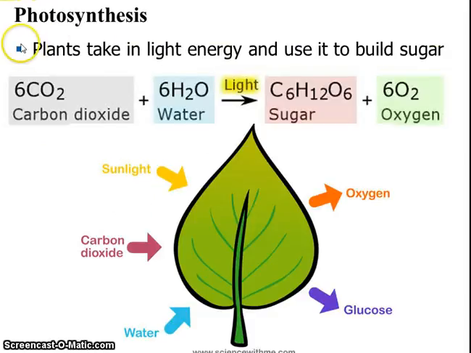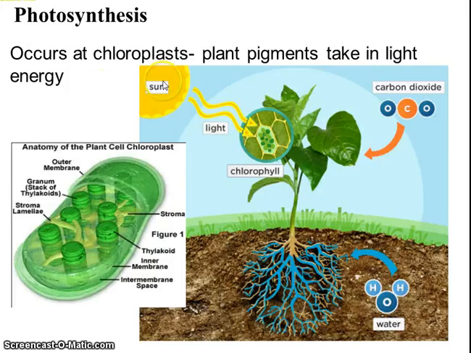So photosynthesis, we take carbon dioxide from the air, use light energy and water, and we make sugar. So we have plants taking in carbon dioxide. Remember, photosynthesis takes place in chloroplasts, those organelles in plants that have the ability to convert sun energy to sugar.